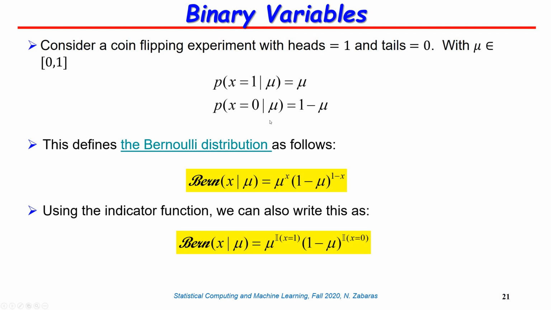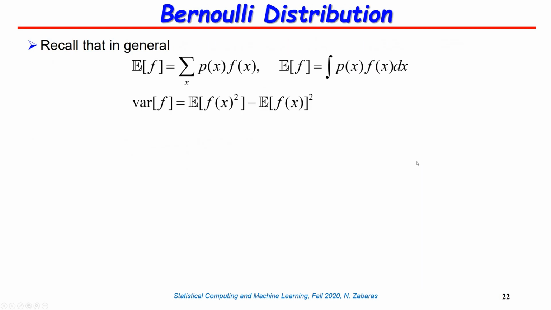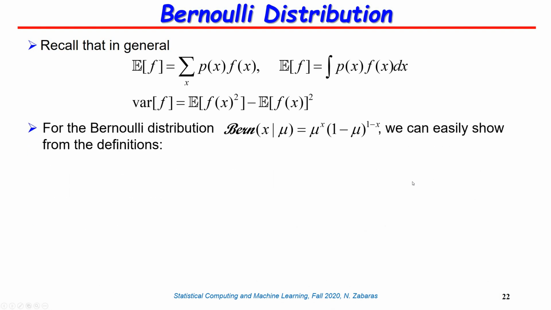Okay, so what you see here, again, is a binary variable with two values. All right, so we're going to compute the mean and the variance for the Bernoulli distribution, and anybody can guess what the mean will be.